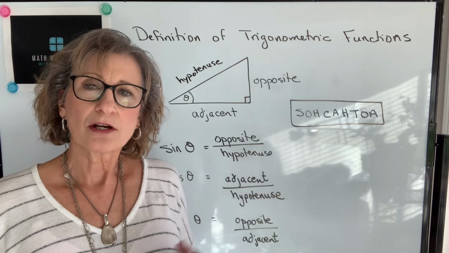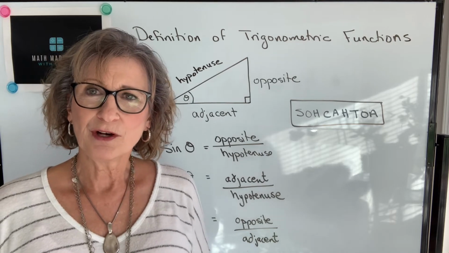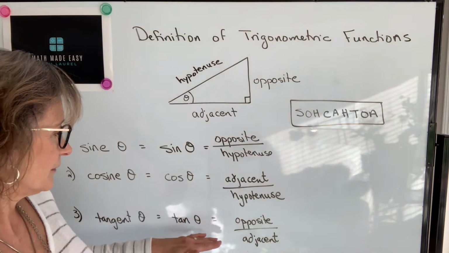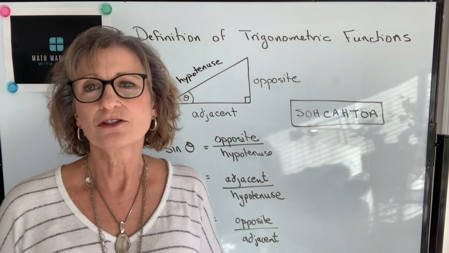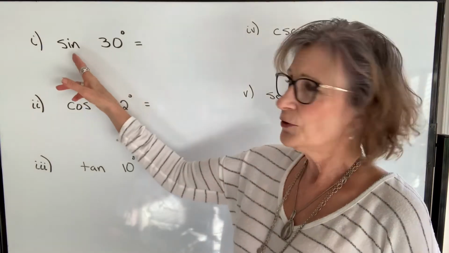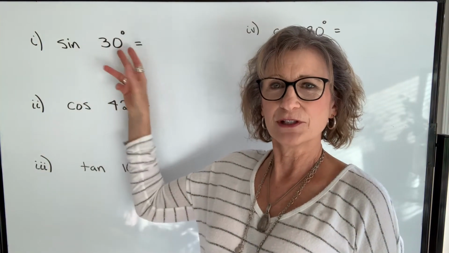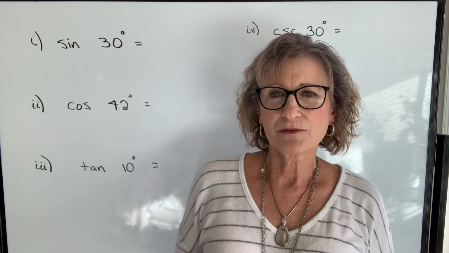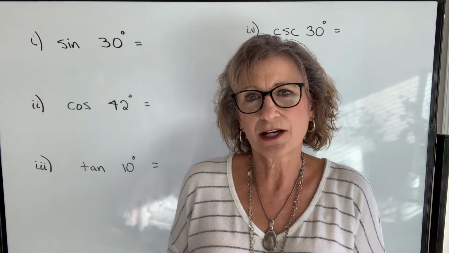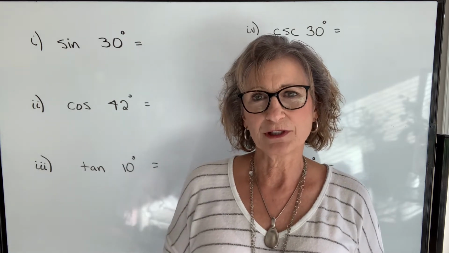So let's talk about calculators and how we would find the trig functions, sine, cosine, or tangent of various angles using the correct function on your calculator. If you are asked to find the sine of 30 degrees, you're asked to find the ratio of the side opposite to the hypotenuse in a right triangle with the angle of 30 degrees.